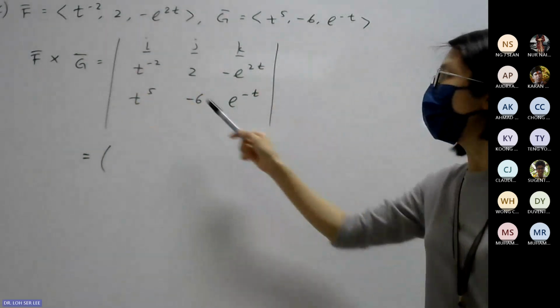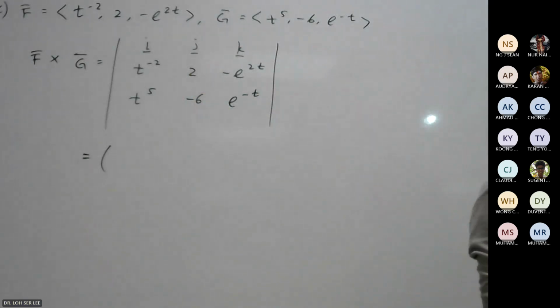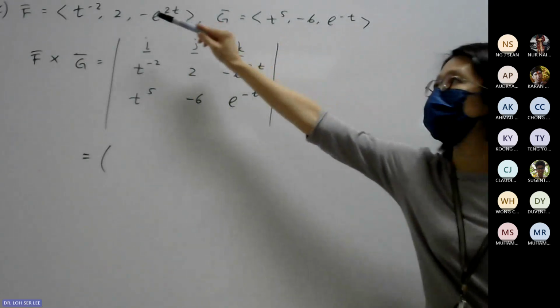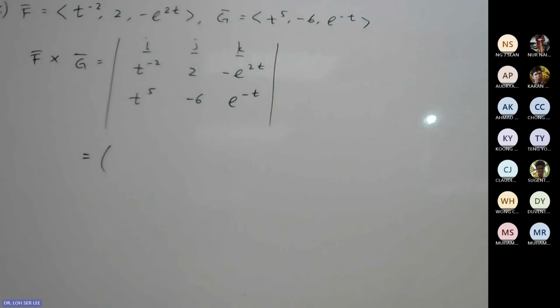This is not a bracket. This is determinant. Two straight lines, determinant, not bracket.